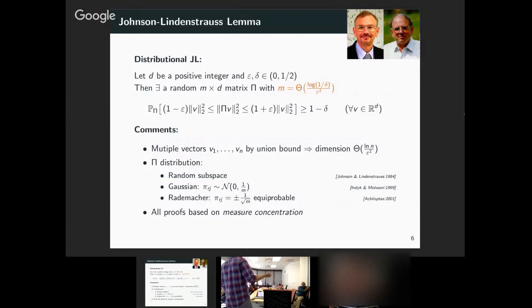You can make this even more efficient, and that's the proposal of Achlioptas, which is picking IID Rademacher coordinates, so plus 1, minus 1 equiprobably. In both of these cases, the Gaussian and the Rademacher, you need to rescale properly. You want to make the variance of the scale 1 over m, because the height of your matrix is m. And all the analysis of these high probability bounds is based on the idea of concentration of measure, which I will go into now.